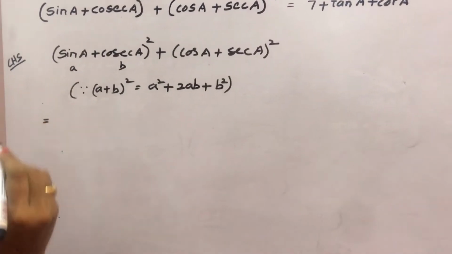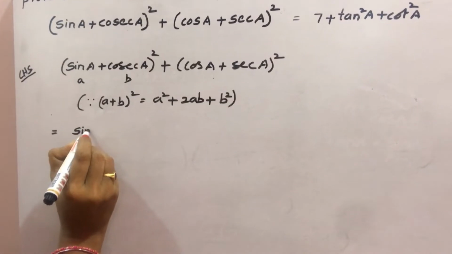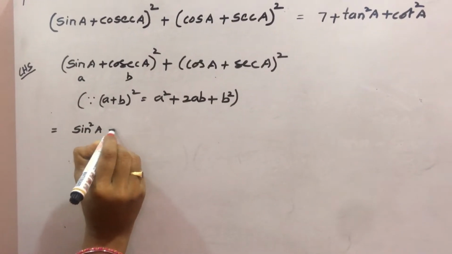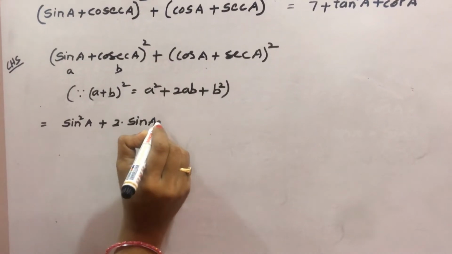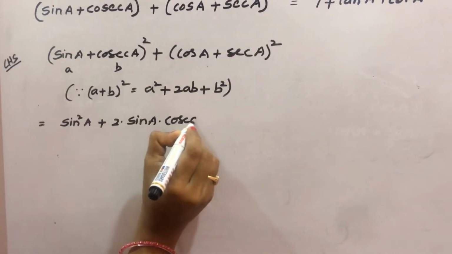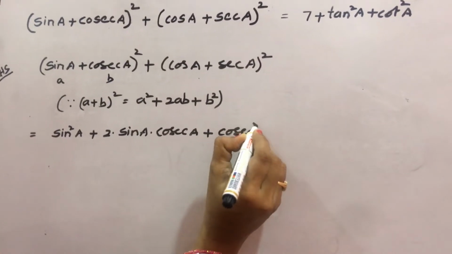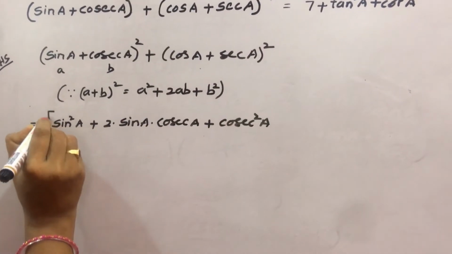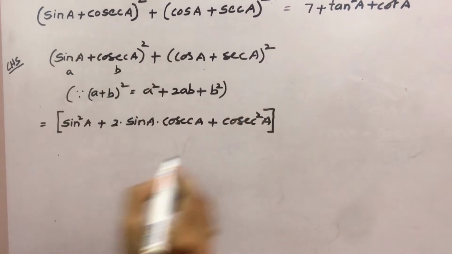I am expanding using this formula. Here A square means sin square A, plus 2AB is 2 sin A into cosec A, plus B square is cosec square A.